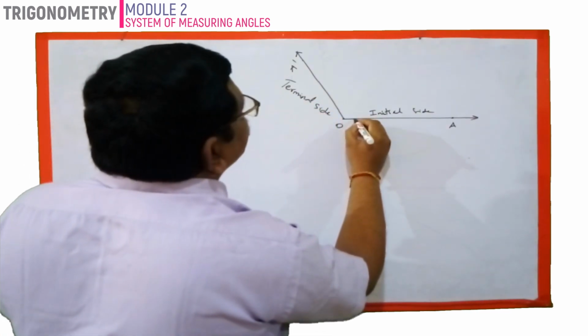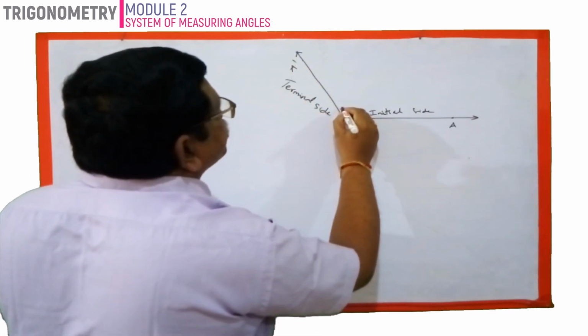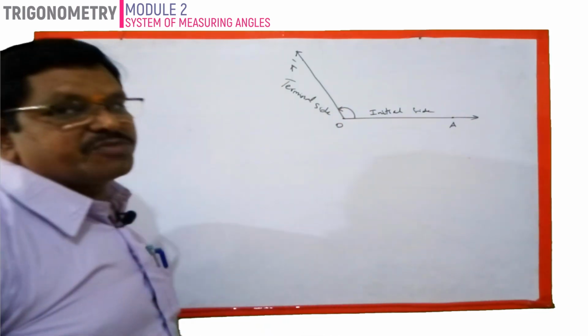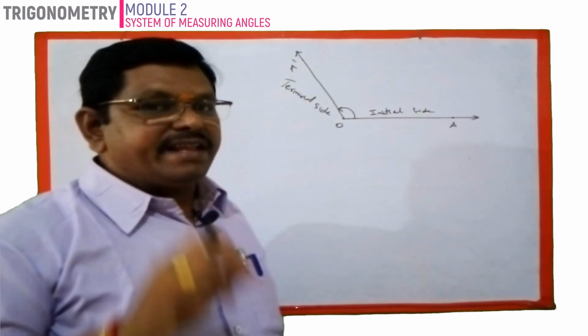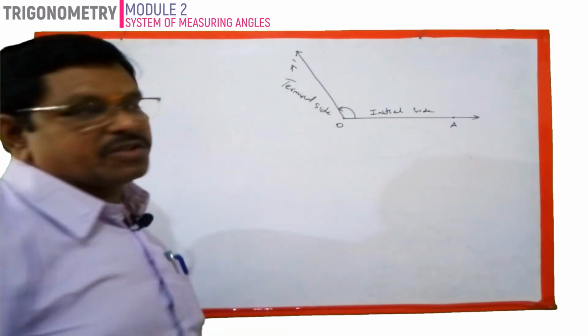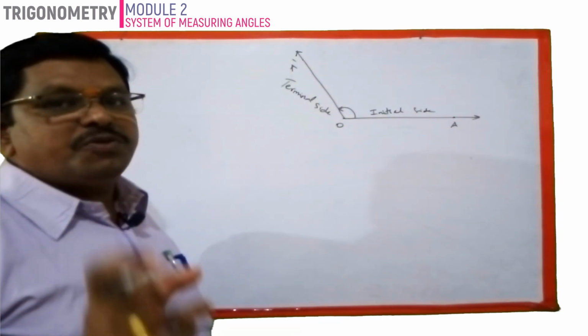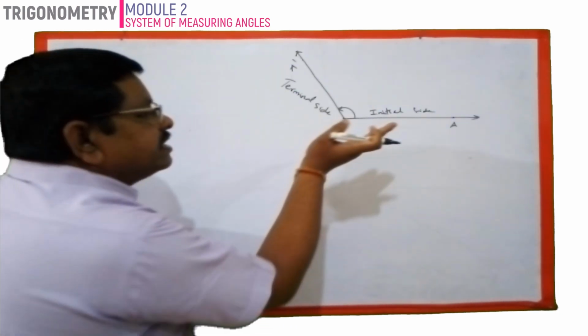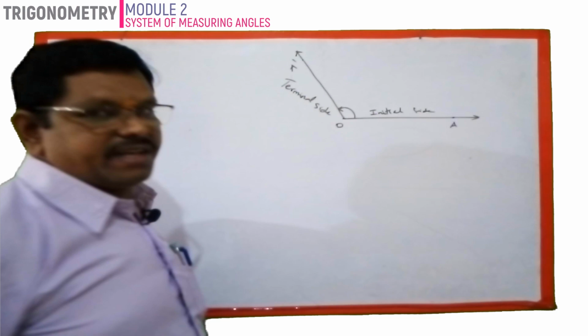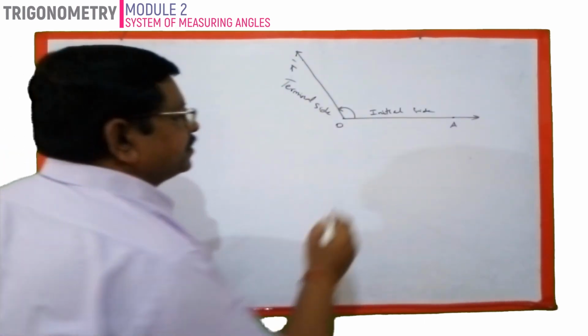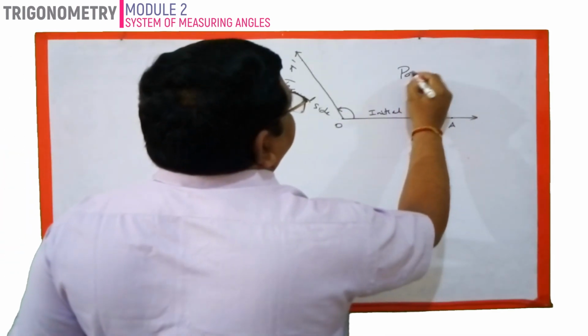Here, from the initial side to the terminal side, an inclination is made. This inclination is called an angle, and here it is particularly called the positive angle. So, positive angle is taken in the anti-clockwise direction from the initial side. Remember it. So, this is positive angle.